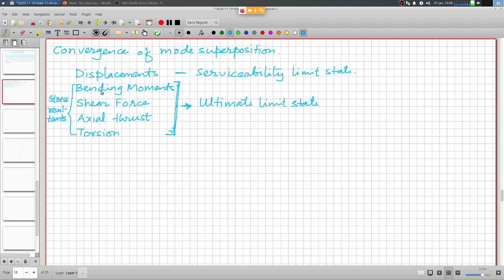The problem with dynamic conditions, and particularly earthquake analysis using mode superposition, is that displacements converge faster than stress resultants in mode superposition.